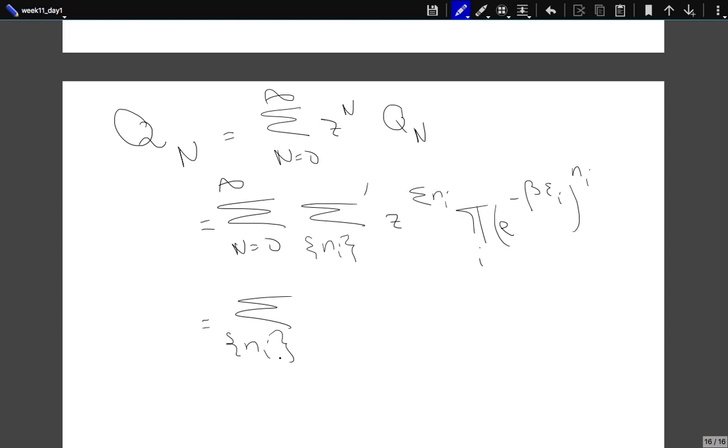When I'm imposing the constraint and summing over the sum of the n_i, I'm summing over all possible sums, of the product over i of z times e to the power minus beta epsilon_i to the n_i.